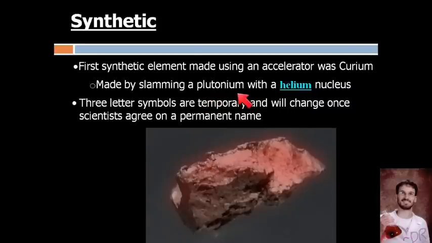They made plutonium a different way. By slamming plutonium with helium. And that ended up making Curium. If you look at the atomic number of plutonium, and the atomic number of helium, and you add them together, you will get the atomic number of Curium, because they literally joined the nuclei together. So all of the protons that were in there are now in one slightly bigger nucleus.